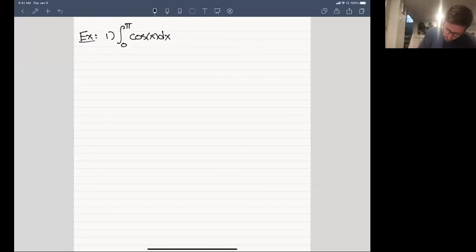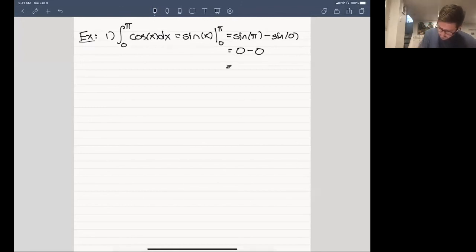So this is going to be equal to sine of x running from 0 to pi, which is sine of pi minus sine of 0, which is 0 minus 0, which is 0. So the sort of abstract notion of area in this case underneath cos of x is equal to 0, right? It spends as much time above 0 as it does below 0 in terms of these areas.